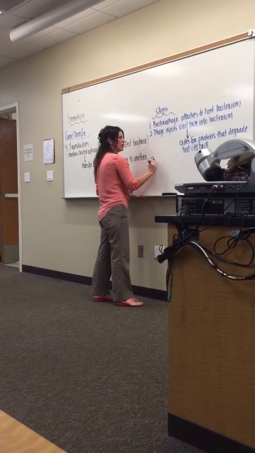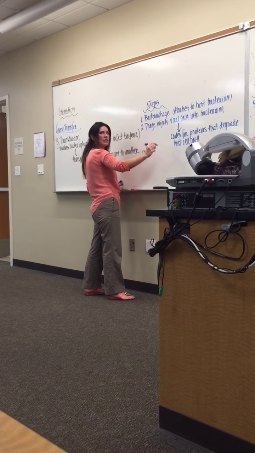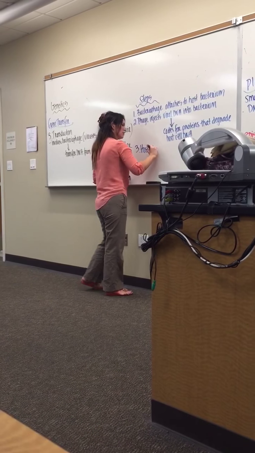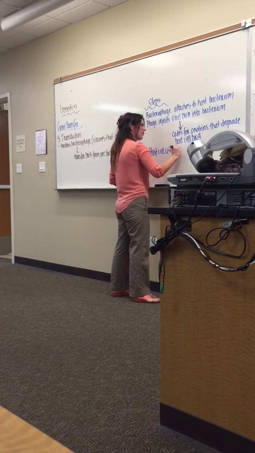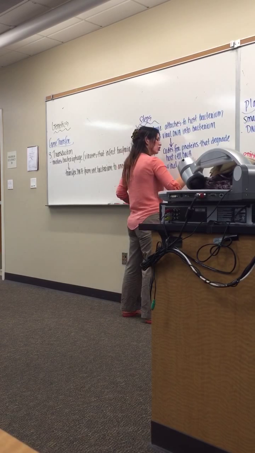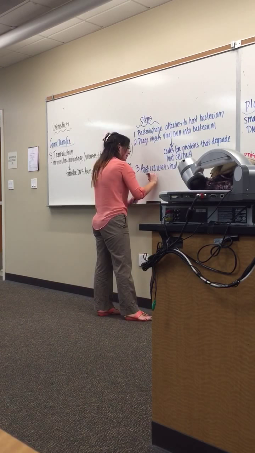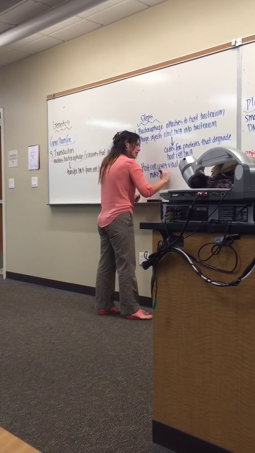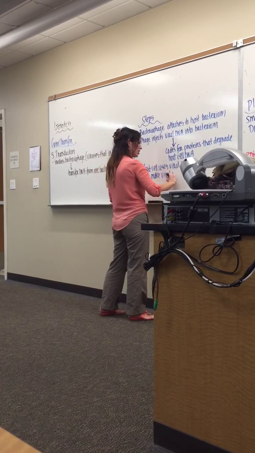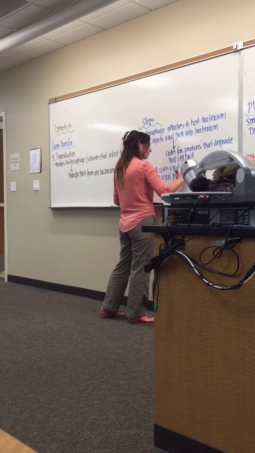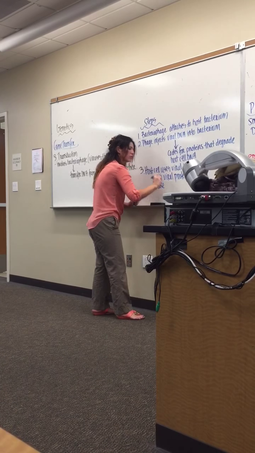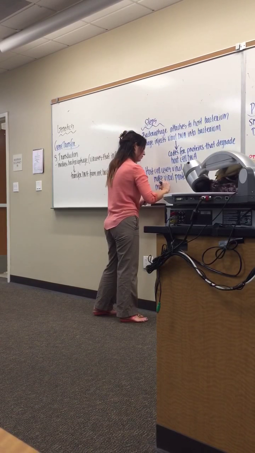So number 3, after the host cell DNA is degraded, okay, the host cell uses the viral DNA to do two things: make viral proteins, we know all about that, right, by transcription and translation of the viral DNA. Okay, also it makes more viral DNA through DNA replication.